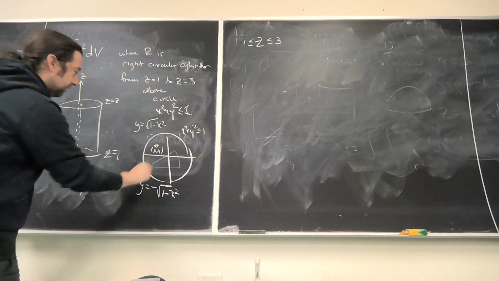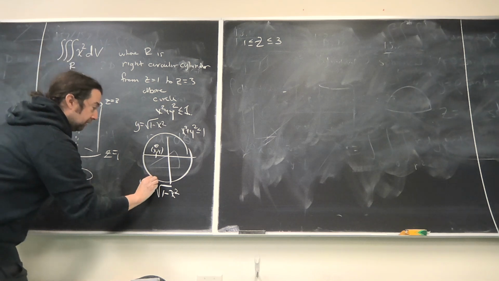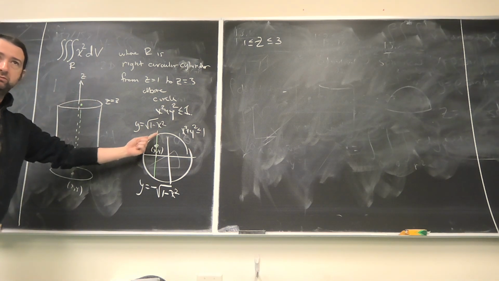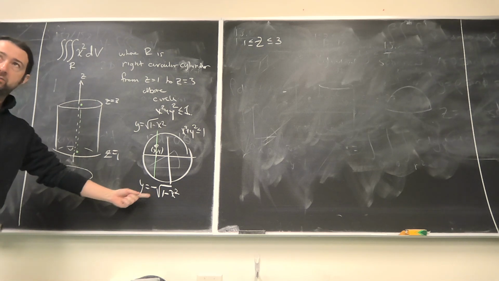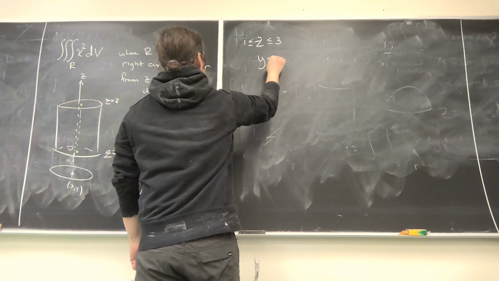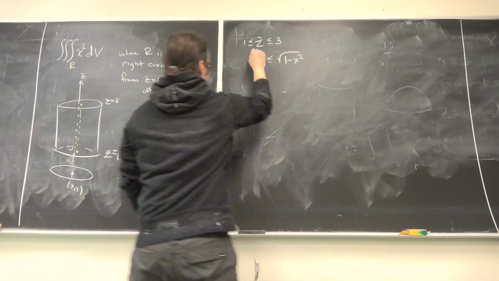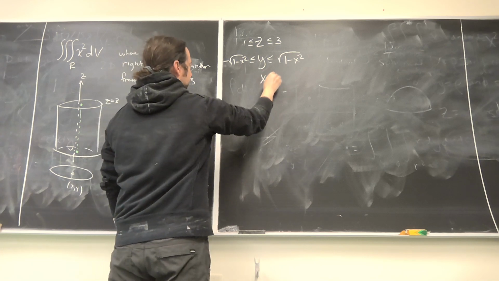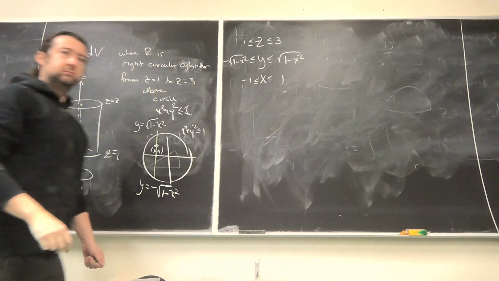So for a fixed value of x, my y values travel from the bottom half circle to the top half circle, with the irritation of the plus and minus because circles aren't functions. So my y values go between these guys. And then finally my x values go between 1 and minus 1.